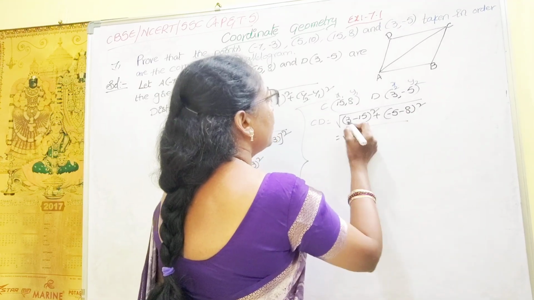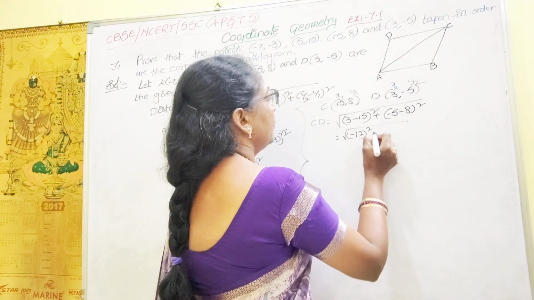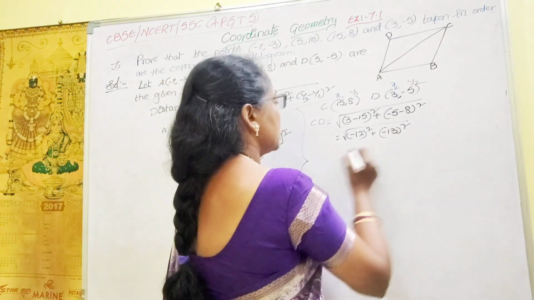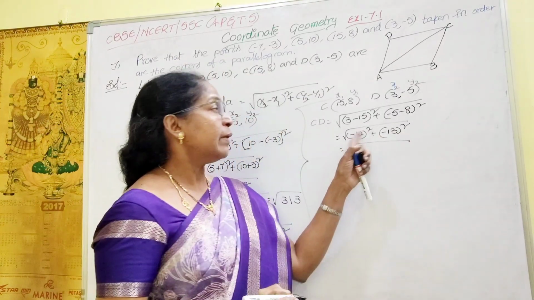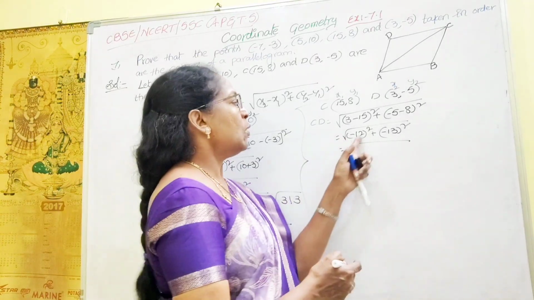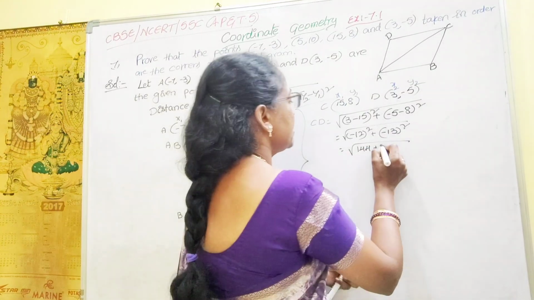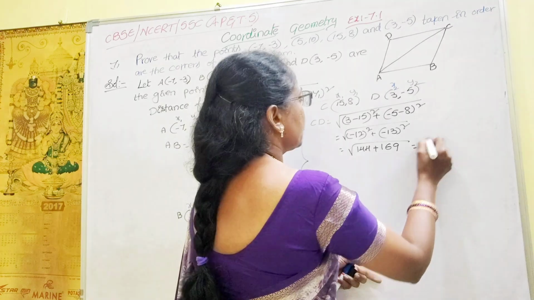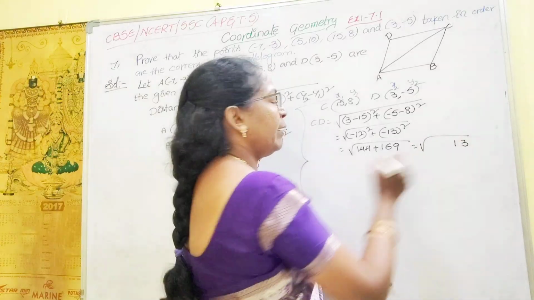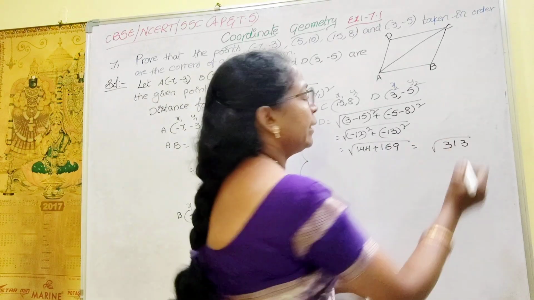That equals square root of 3 minus 15, which is minus 12, whole square plus of minus 5 minus 8, which is minus 13, whole square. Minus 12 whole square: minus into minus is plus, so 12 square equals 144, and 13 square equals 169. Adding, 9 plus 4 is 13, carry 1, 7 plus 4 is 11, again 1 plus 1 is 2, 3. Square root of 313 we got.